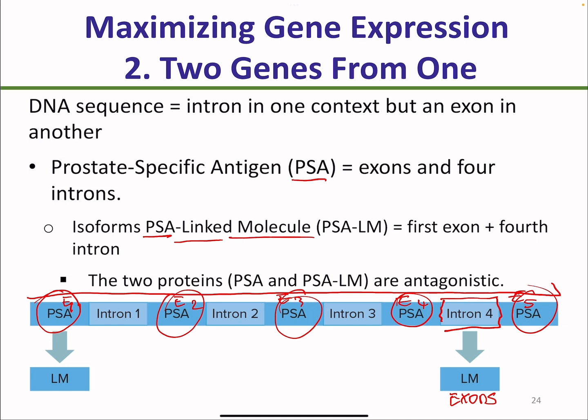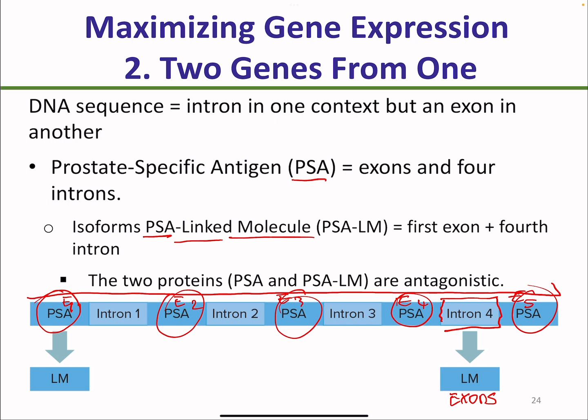So from one single gene, you can actually have 2 genes. And what we see is that the 2 genes, when they express their products, are going to work in an antagonistic way.